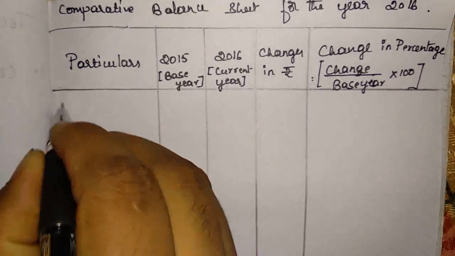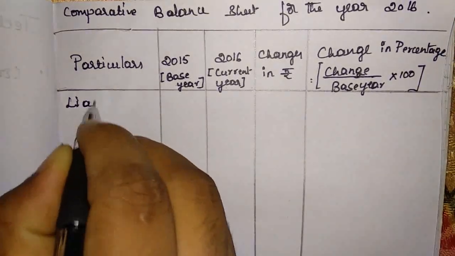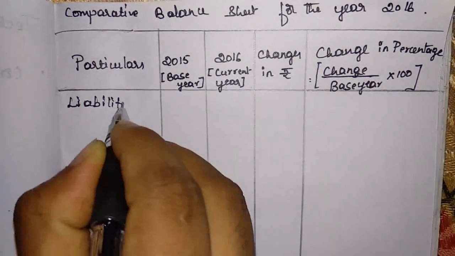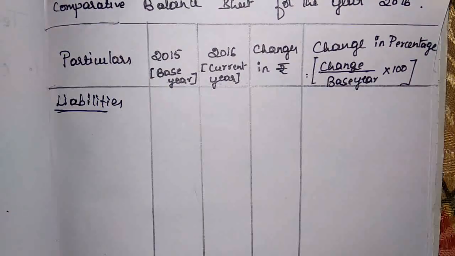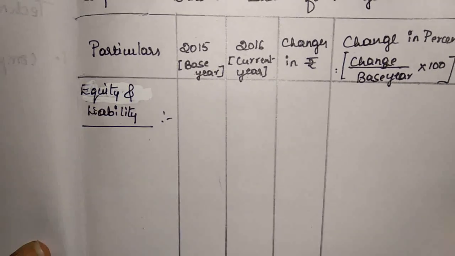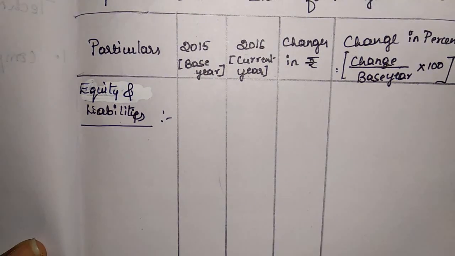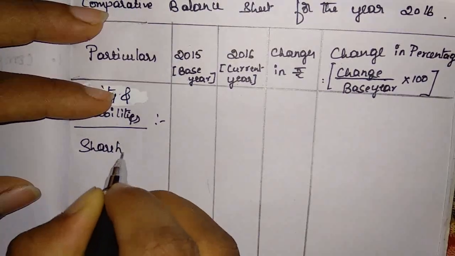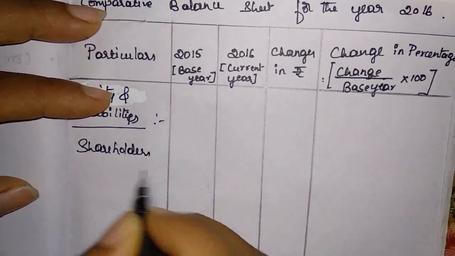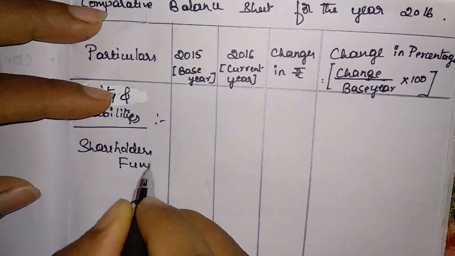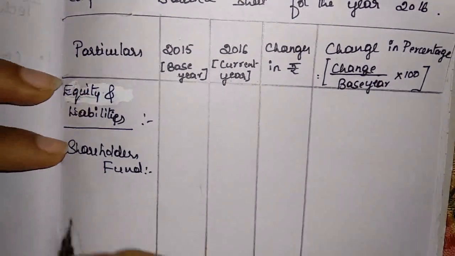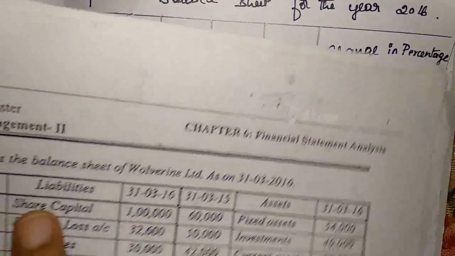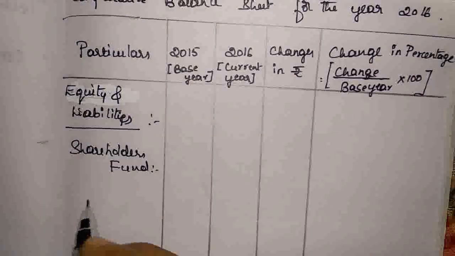First let us calculate the changes for equity and liabilities. Under that, first component, shareholders fund. The first one here is share capital.